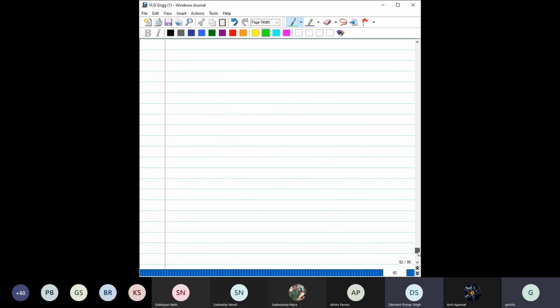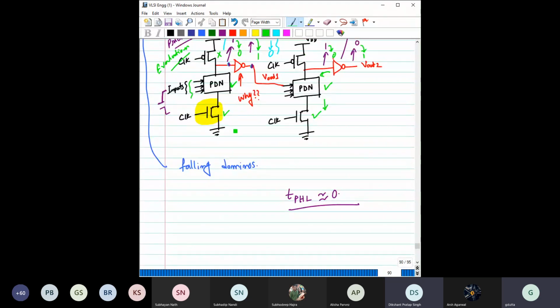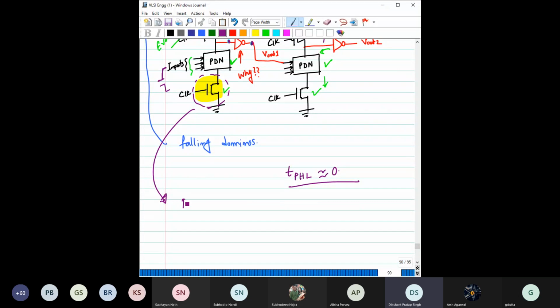Now the question is, is this NMOS redundant for domino logic? Is this NMOS necessary in domino logic?